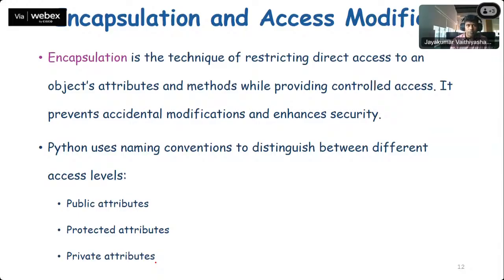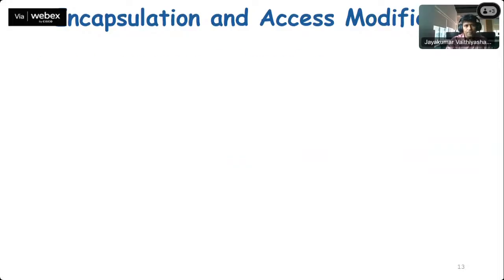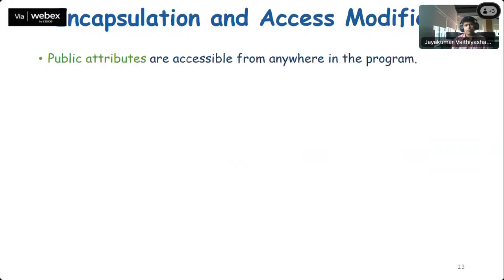If there is a military site with vigilance, you cannot enter easily. You need to get permission and have privilege, and only then will they allow you. In the same way, you access object attributes. We'll discuss them one by one.